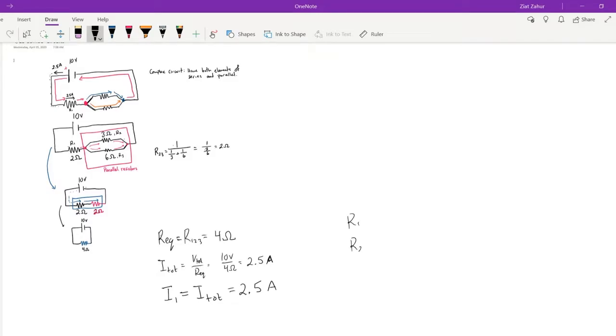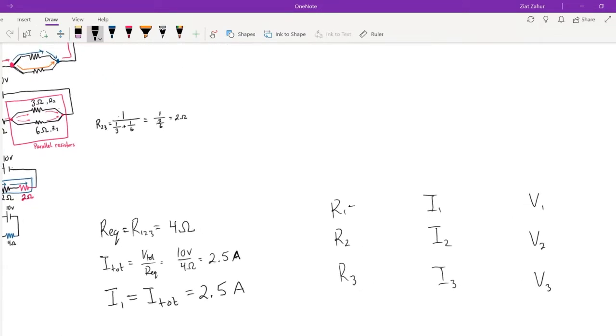R1, R2, R3, I1, I2, I3, and then we'll also do V1, V2, V3. Of course R1 is 2 ohms. R2 was 3 ohms. R3 is 6 ohms.